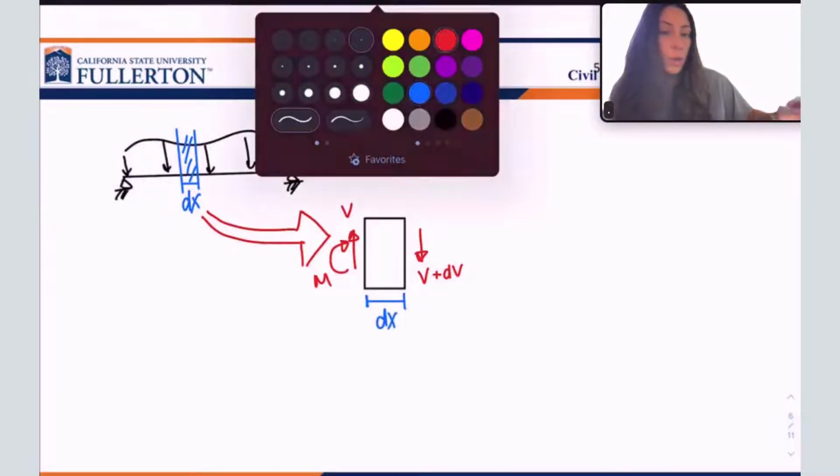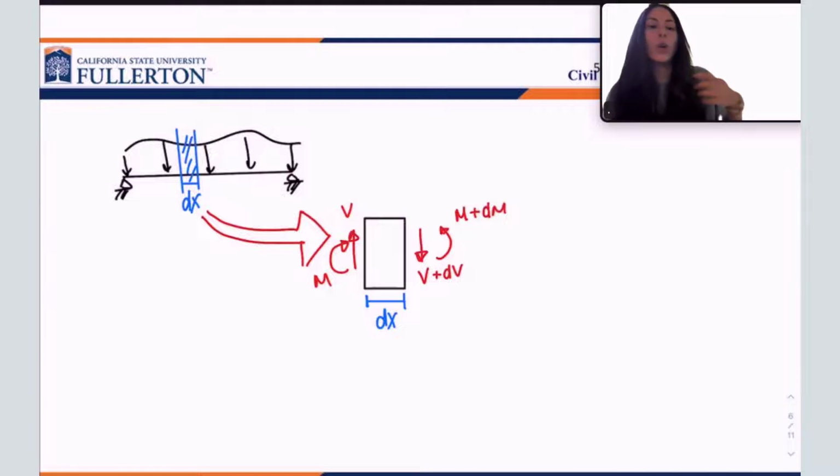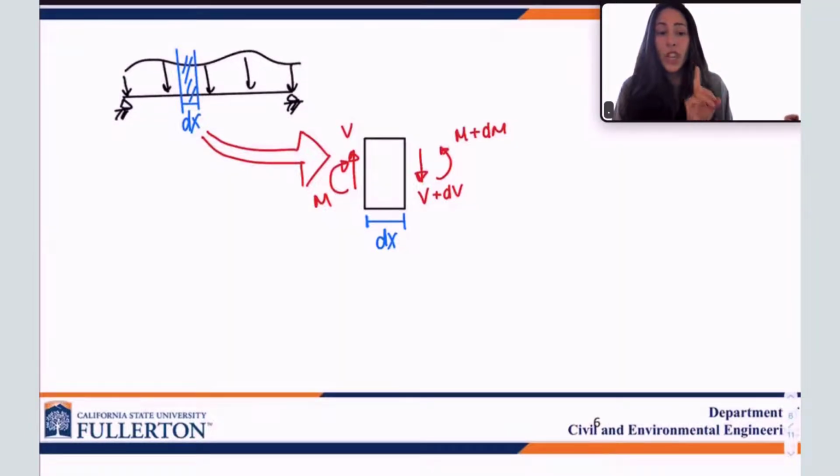And then the same thing goes for my moment. I would have on this side for equilibrium moment, but it would be plus some change in the moment, right? So this is basically what's happening internally if I'm making that cut. And the internal moment is changing as a function of x, okay?